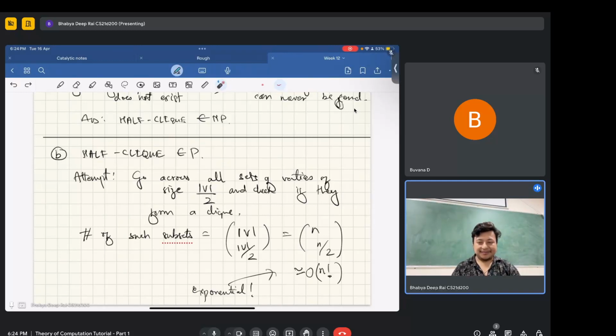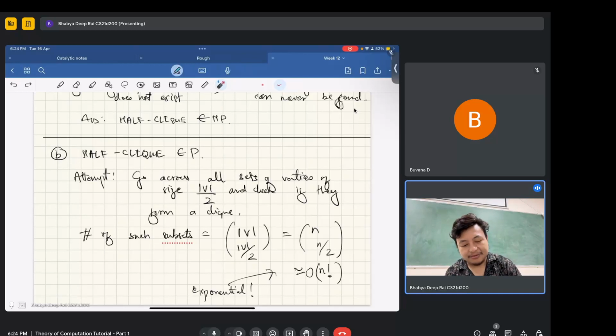But how many such subsets do I need to look into? The number of such subsets is v choose v by 2. Out of v many vertices, I'm choosing v by 2 many vertices, which is n choose n by 2. And if you try to resolve it, you'll see that it's exponential. It's very bad. So the naive attempt shows that the trivial algorithm that I'm trying to use does not work.